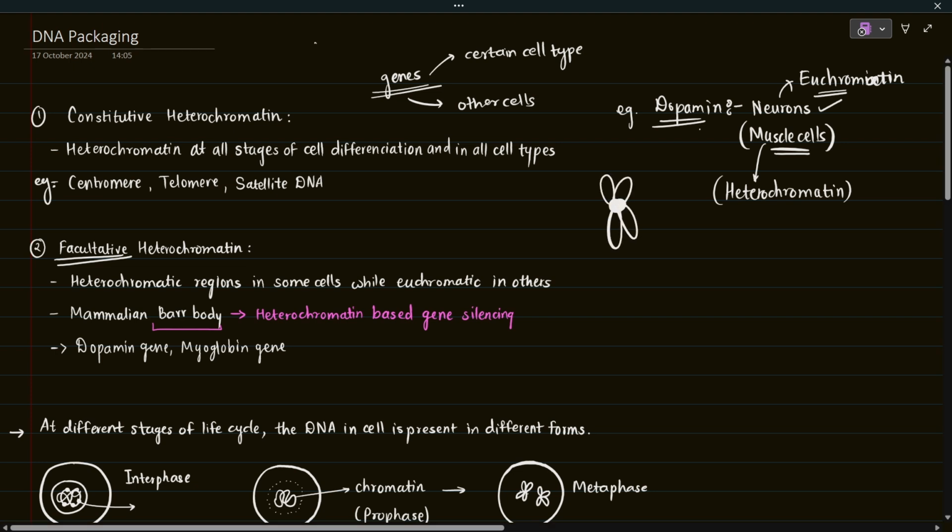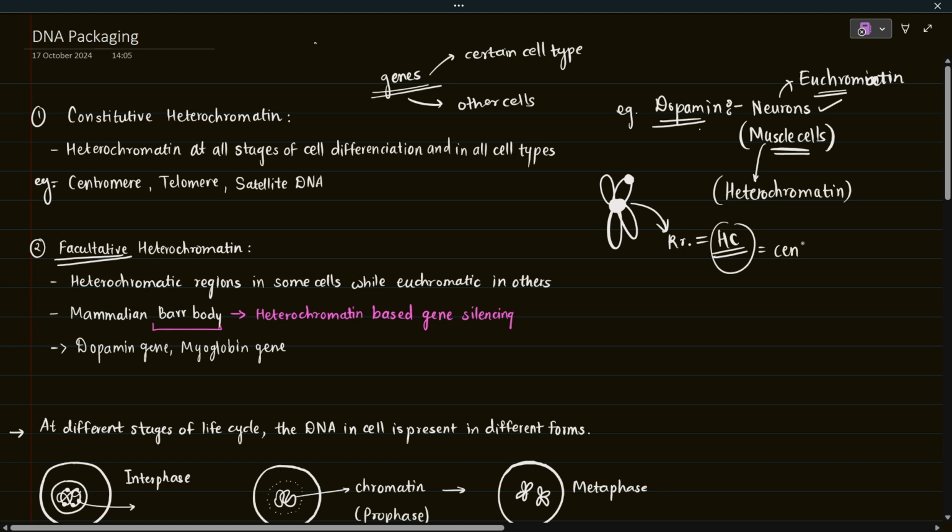The central repeat regions and the repeat regions on the telomeres are heterochromatin. Those regions are very important for maintaining the structural integrity of the chromosome. The structural integrity should be maintained in all cell types, and that's why those are in the form of heterochromatin in all cell types.